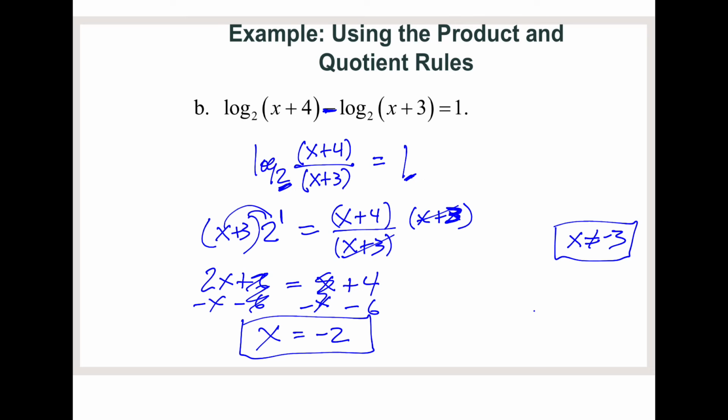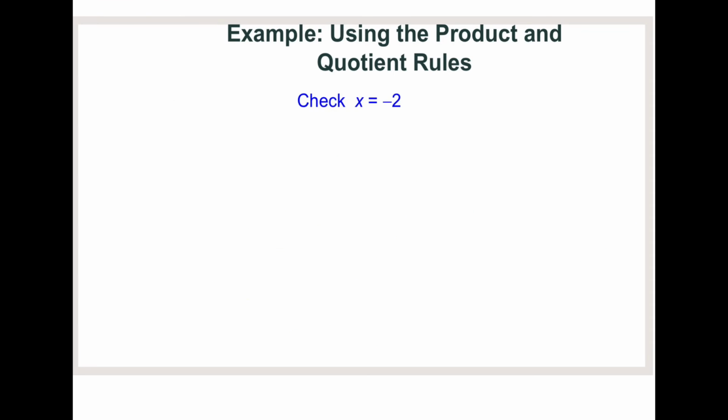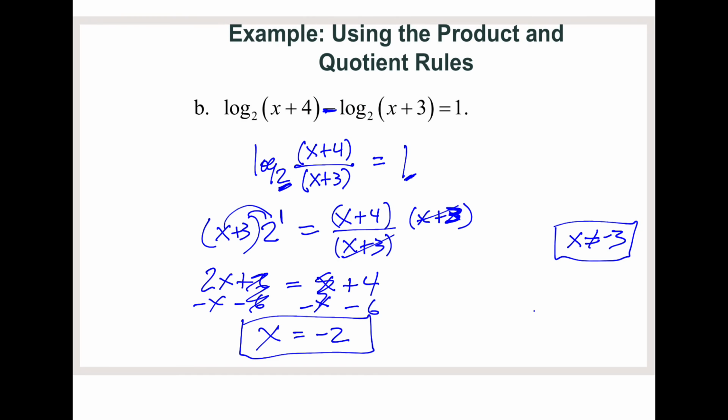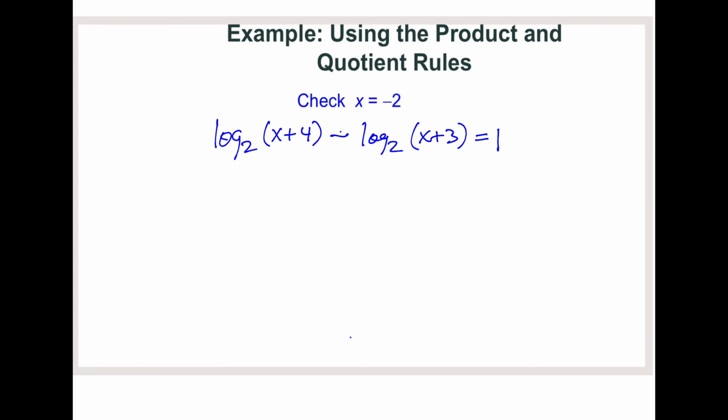Okay. Well, does this check? I'm going to check this. So I'm going to rewrite this, and then we will plug in negative 2 here. So log base 2 of negative 2 plus 4 is 2. Log base 2 of negative 2 plus 3 is 1.